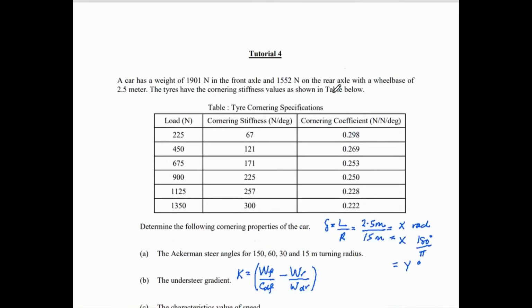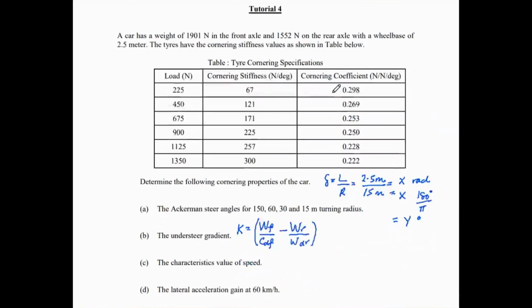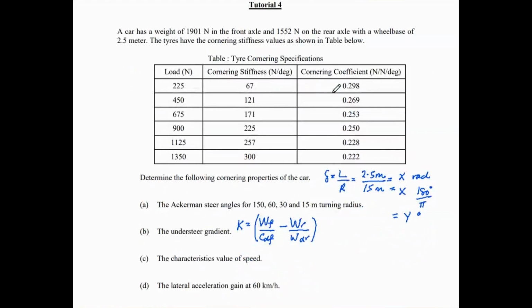So for one tire, you need to divide by 2. At the front axle, one tire only, you need to divide the front axle weight by 2 to define the weight at one tire.